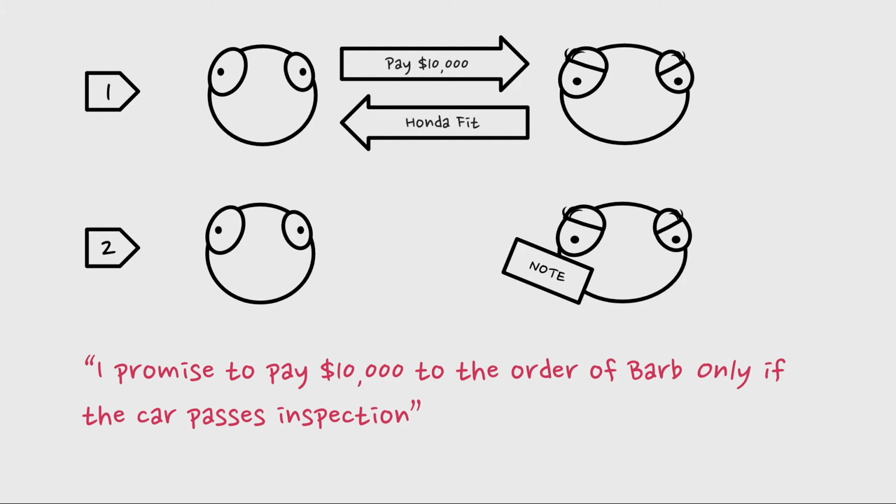So if it said something like, I promise to pay $10,000 to the order of Barb only if the car passes inspection, that is not unconditional, right? It has a condition on it, which is that only if the car passes inspection. And that condition is expressed, meaning it is laid out in the terms, the language of the note itself.